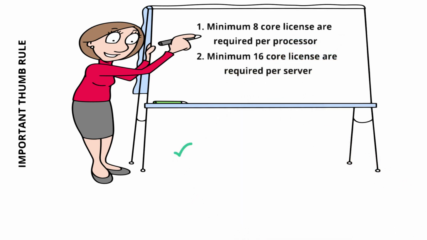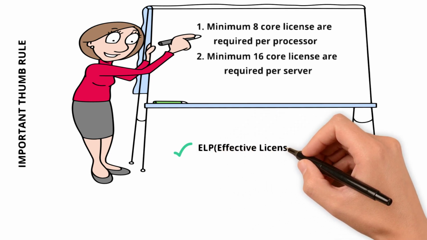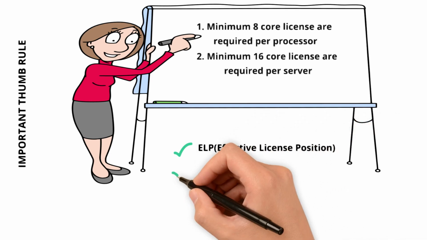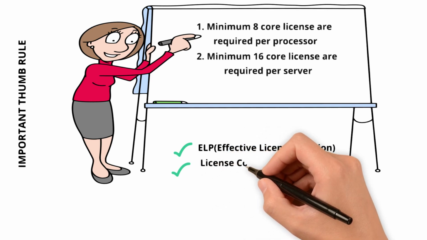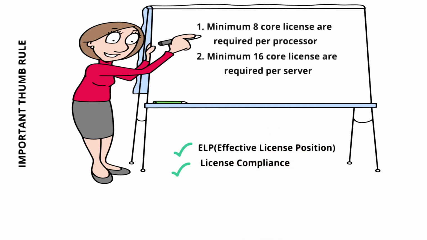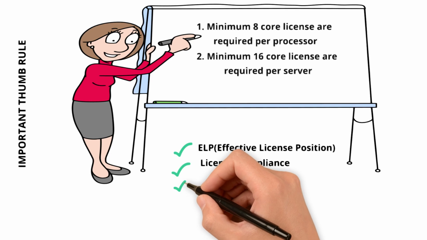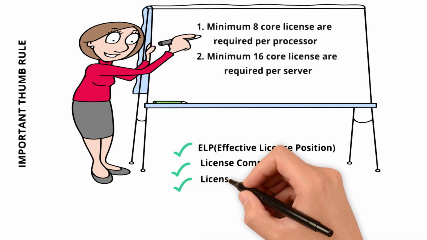These are the two main thumb rules which you need to use in every calculation while preparing an ELP, which is effective licensing position, or a license consultation, or checking the compliance.